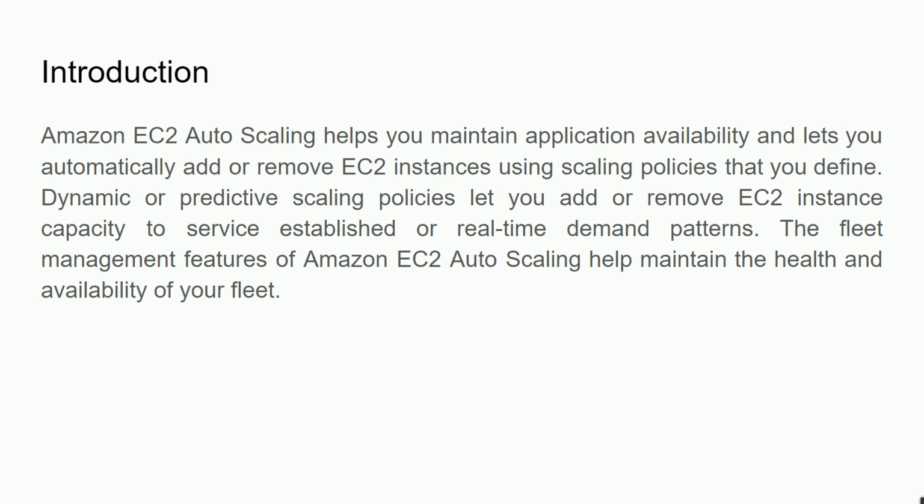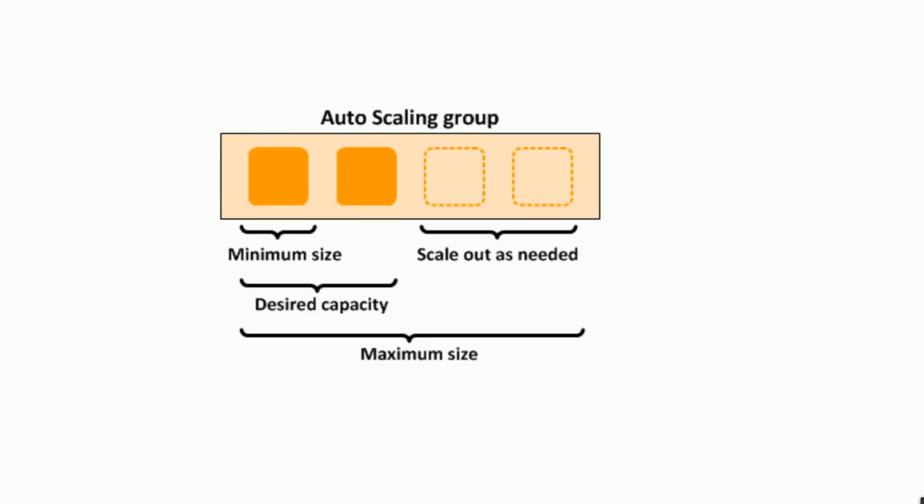So rather than increasing the capacity at that time, we have the auto scaling feature. Whenever traffic comes to our server, a new server automatically launches and is added as a part of our application.